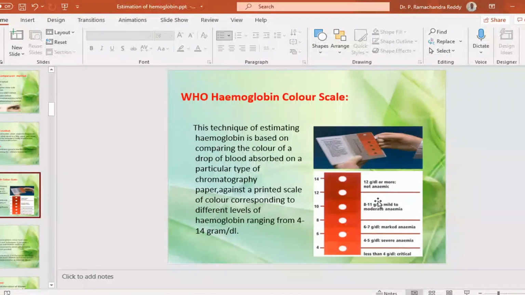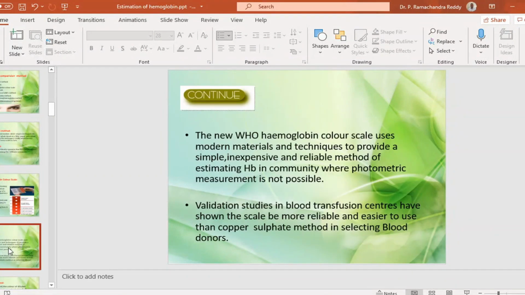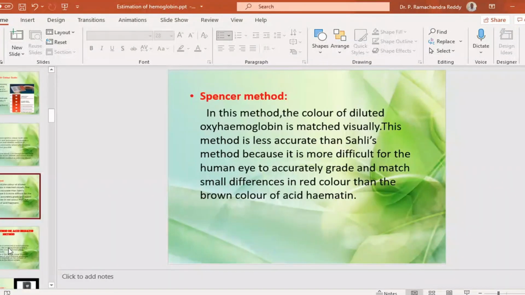This is a very simple method we can use to estimate hemoglobin. Okay, sir. So you have to show me these results by Monday, positively.